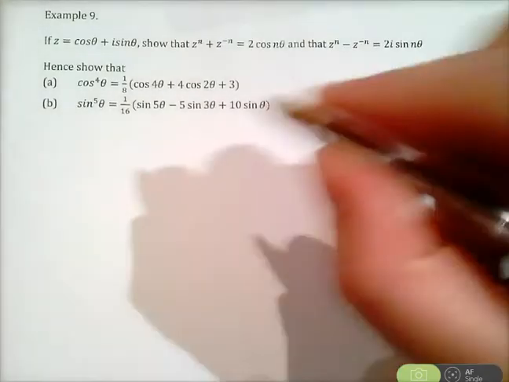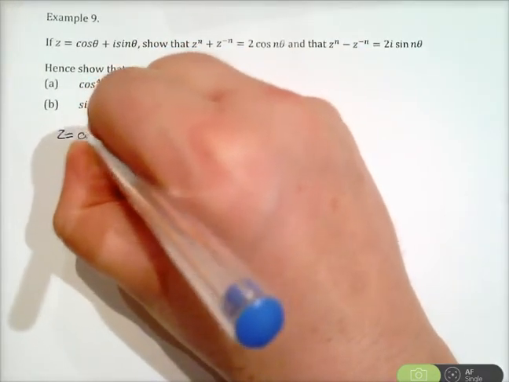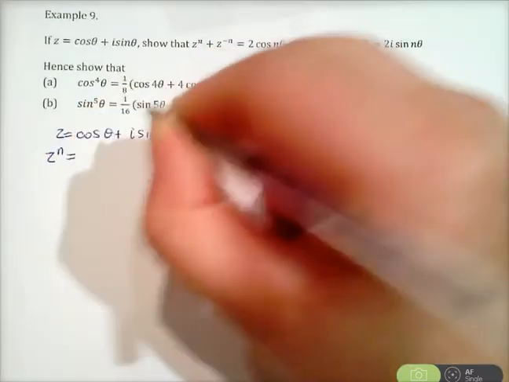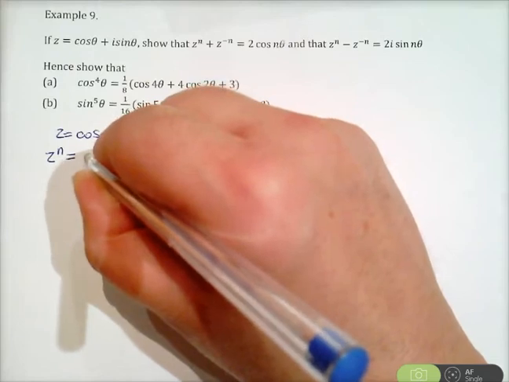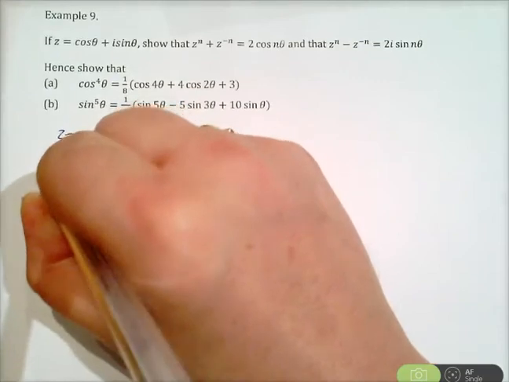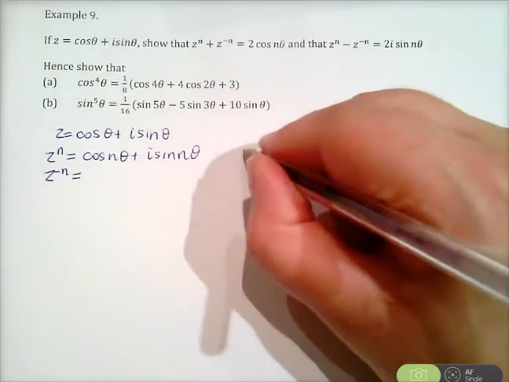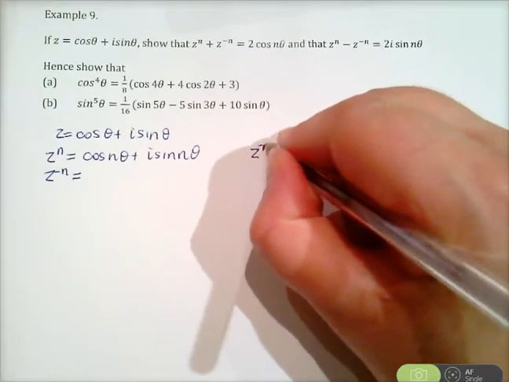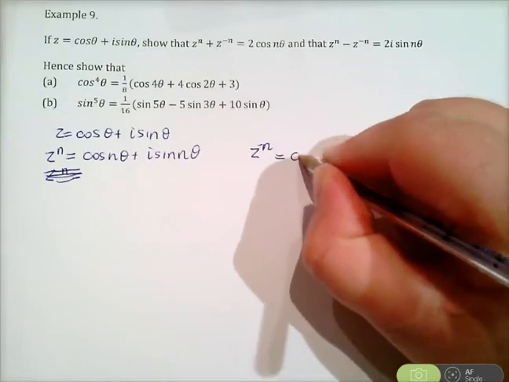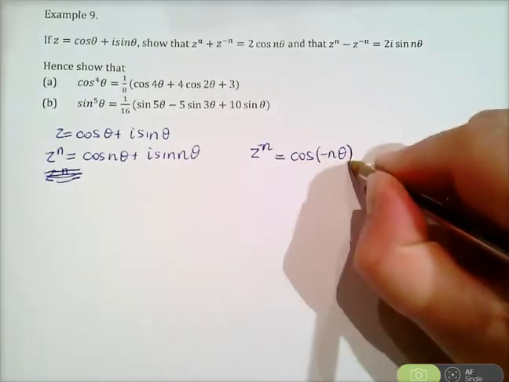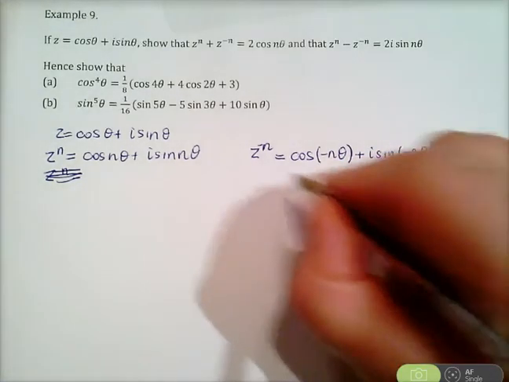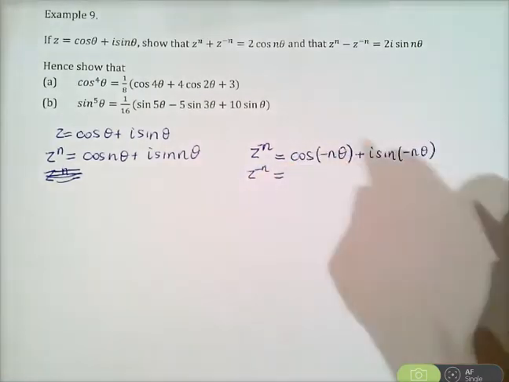Okay, let's start with z equals cos theta plus i sine theta. Therefore, z to the power of n is cos n theta plus i sine n theta, and z to the power of negative n, just to save some room, would be cos of minus n theta plus i sine minus n theta.